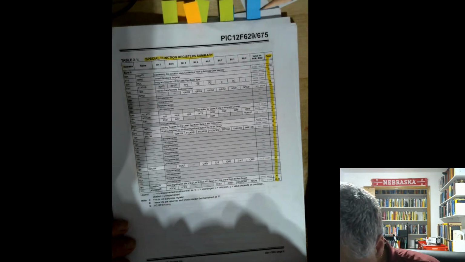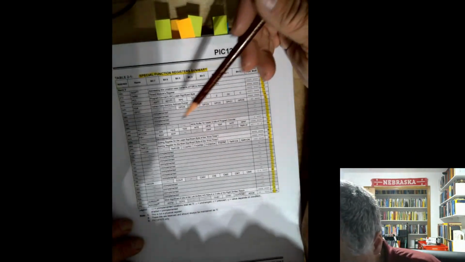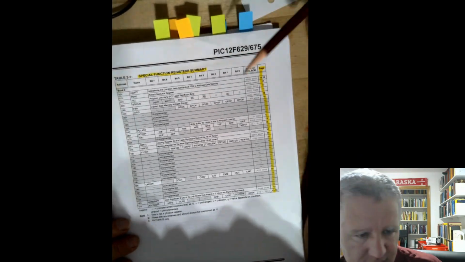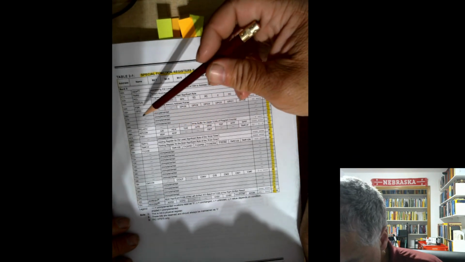And then the TRIS, actually the TRIS is not shown on here, because that's not a physical register. But that's then how we assign these as input and output.